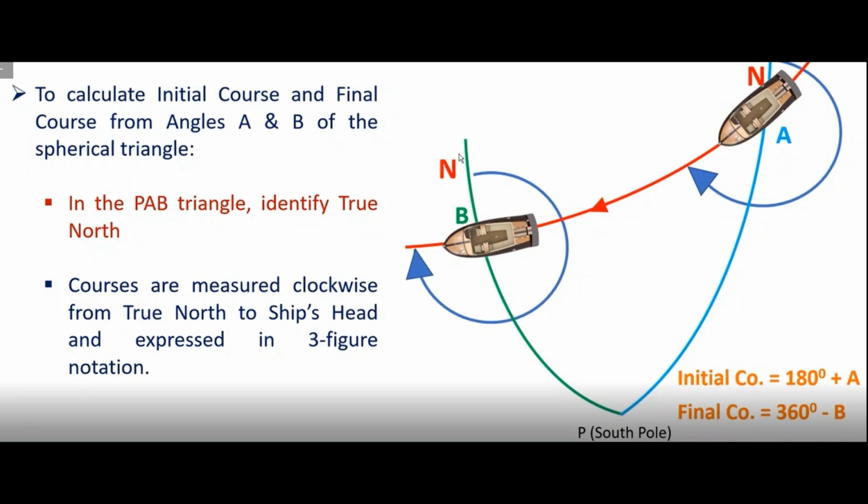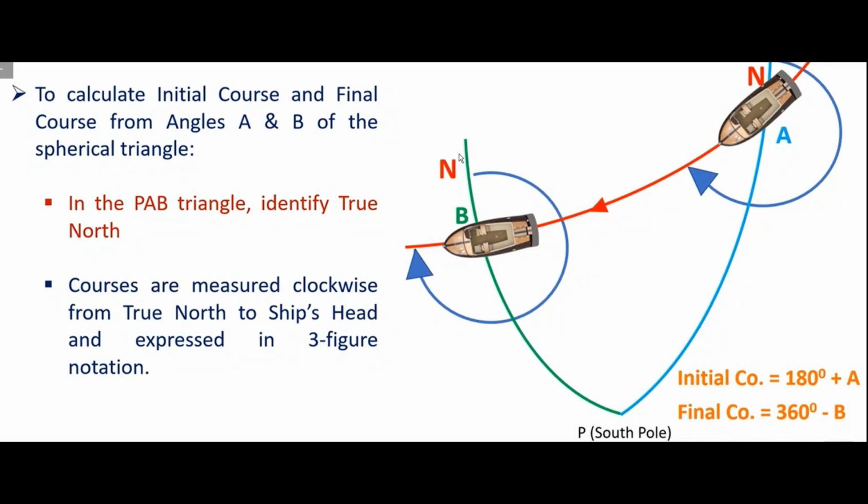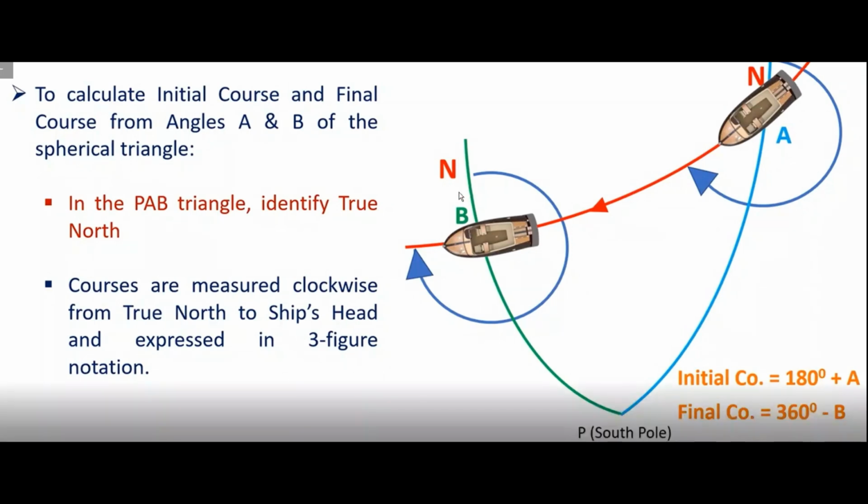Why? Because when two great circles intersect, the opposite angles are same. Just like straight lines, when two straight lines intersect, the opposite angles are the same. So this outer angle will be equal to the internal angle B. Now if you go from north direction up to north, this is total 360 degrees.